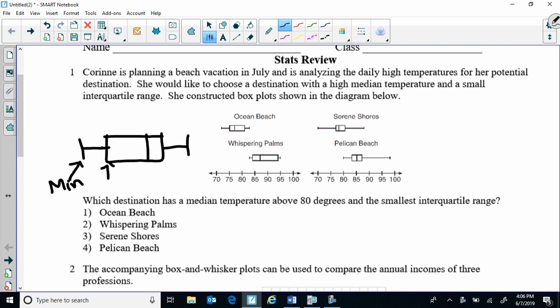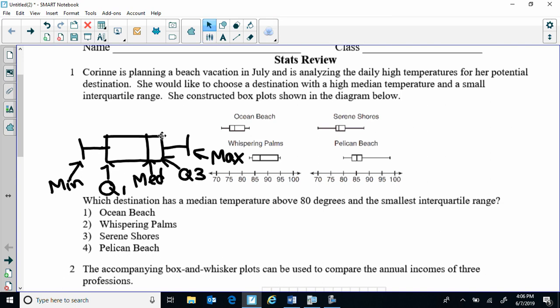The first part of your box is quartile 1. The line that goes through the center of your box is your median. The last part of your box is quartile 3. And the last line is your maximum.